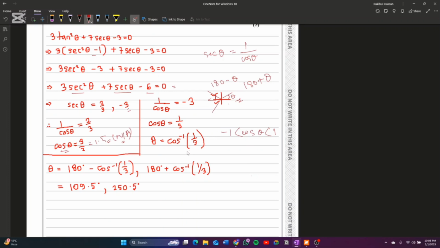So this is our first quadrant value, and therefore the actual theta that you need will be 180 minus this, and then another one is 180 plus this, and then we get 109.5 and 250.5 degrees.